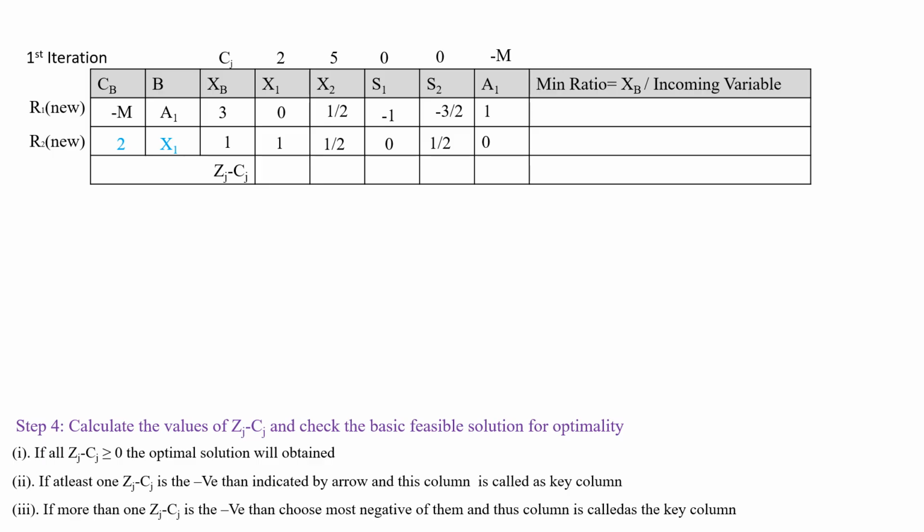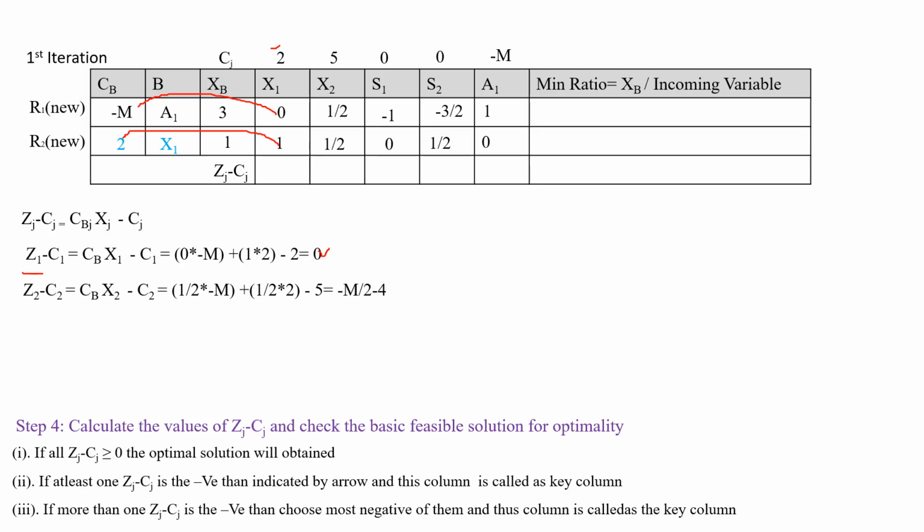Next we calculate the Zj minus Cj values to check the basic feasible solution for optimality. So how to determine the Zj minus Cj values for the new simplex table, that is the first iteration simplex table. First we determine Z1 minus C1. Z1 minus C1 is 0 into minus M plus 1 into 2 minus 2, and its value is 0.